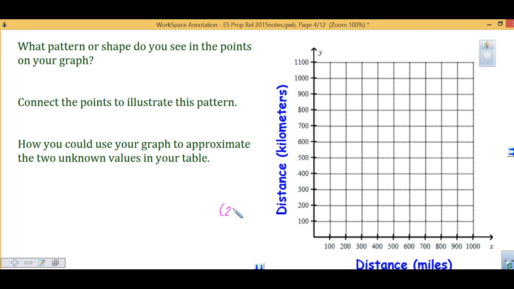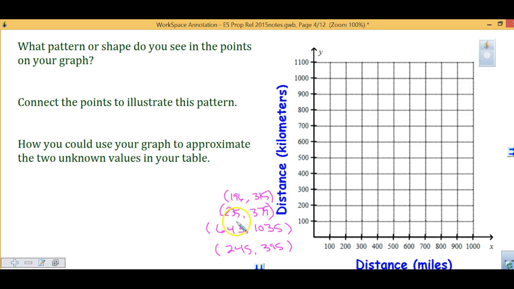Minneapolis was 235 to 379. Then plot the point 643 to 1035. We have 245 for Sioux Falls to 395. We are going to have 196 miles to 315 kilometers.